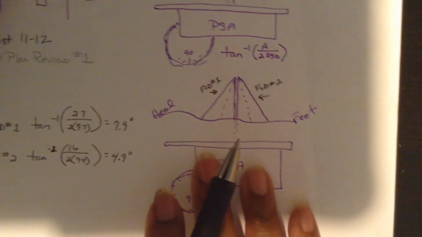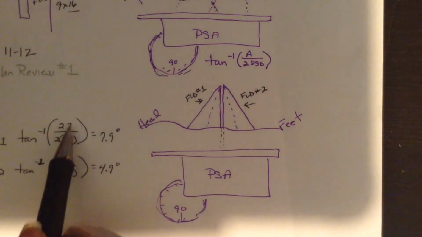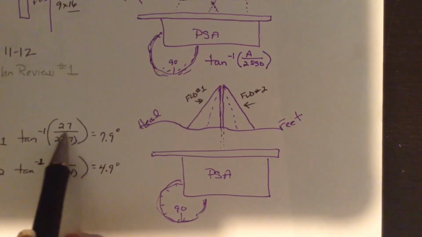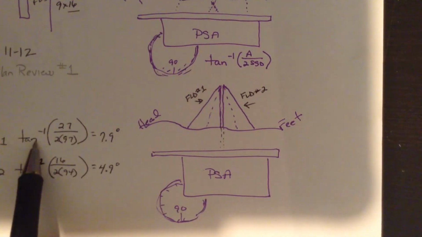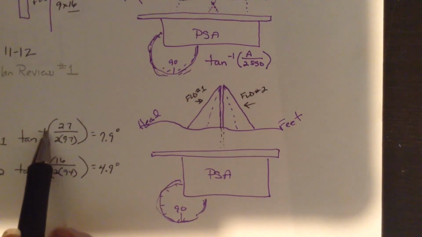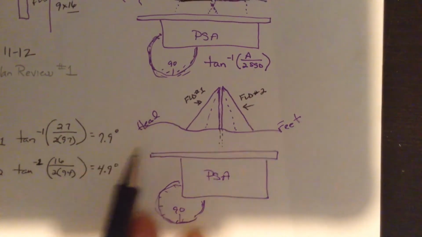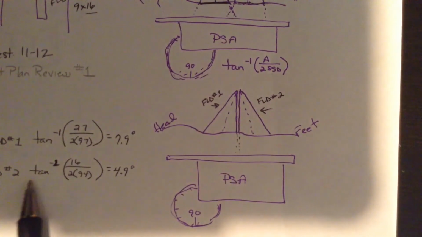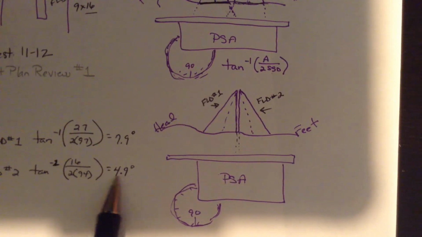All right, so here's the formula. Field number 1, we're taking the length and dividing it by twice the SSD, and then we're going to take the tangent to the -1, or the arctan. And this is about what you should get. Make sure your calculator is in degrees. And the other field, same, except the SSD is different and the length is different, and these are the numbers of degrees.